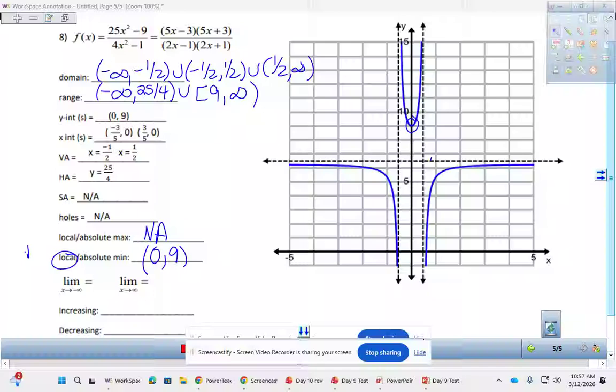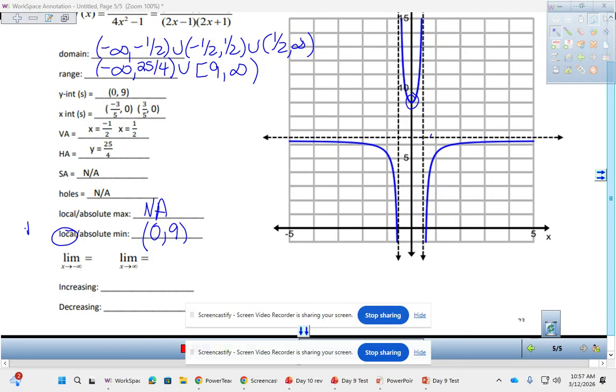The first interval, negative infinity to -1/2, is a decrease. The second interval is -1/2 to +1/2, but we're going to split that in half. The first half of it is decreasing to 0. And then the second half of it is increasing to the other half of the interval, which is the 1/2.